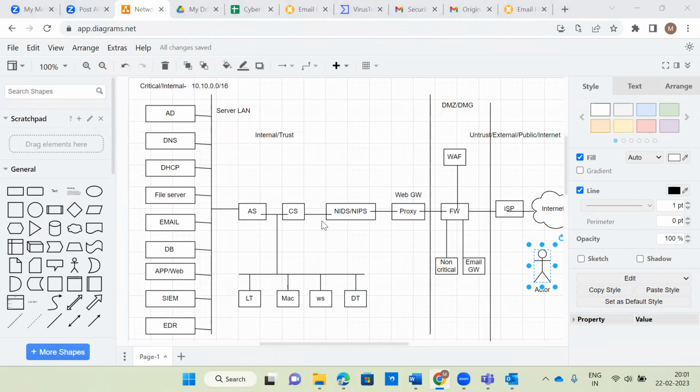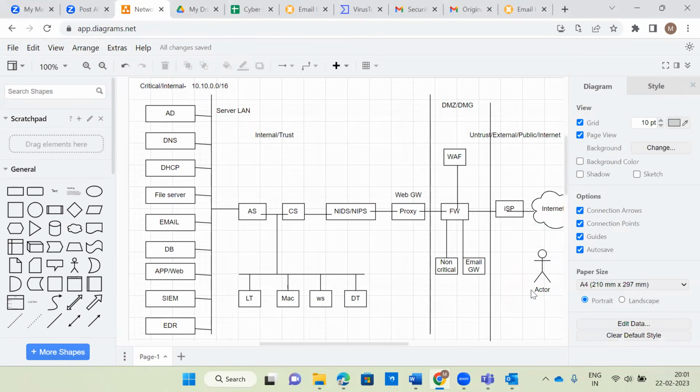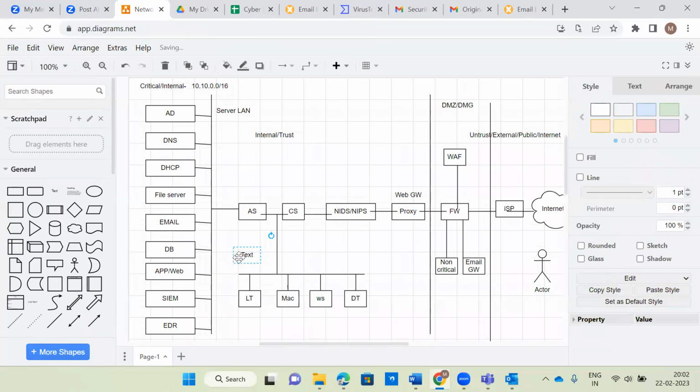So what are we going to discuss now? Now this is the hacker or attacker or actor and so on. This actor or attacker or hacker or intruder will try to compromise all of our servers. All these are end user systems, guys. LT means laptop.